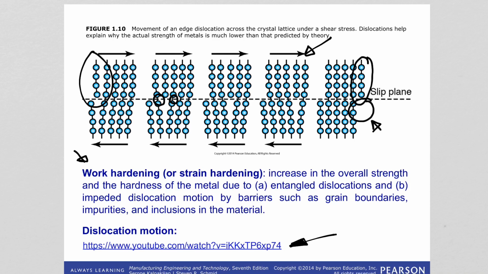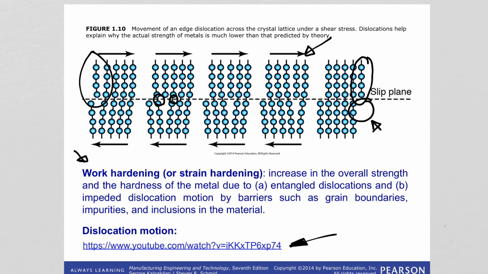So that is called work hardening or strain hardening, meaning as you deform the material, you are making it stronger. Okay. Each time you work on the material, it is going to get stronger. So you need to apply more and more stress to be able to continue changing its shape.